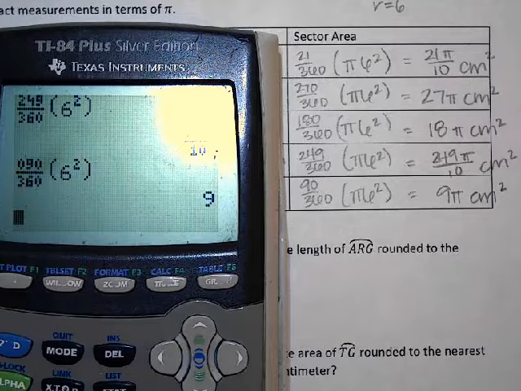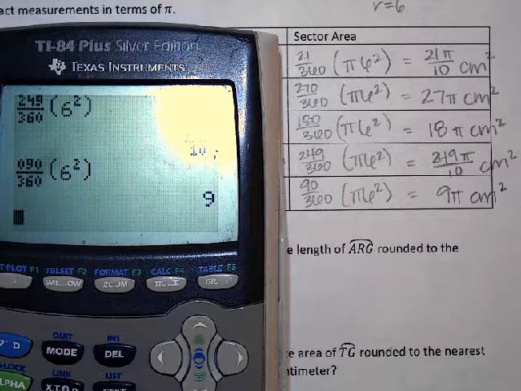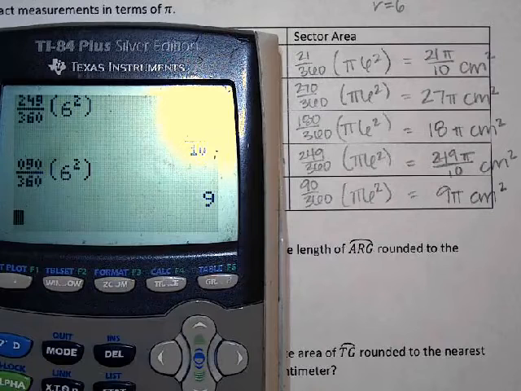Which makes sense because you're doing 2 times 6, which is 12, and 6 squared is 36. So that's not necessarily going to be true every time. It is specifically because our radius happens to be 6. You're going to see a relationship every time, but it won't always be 1/3.